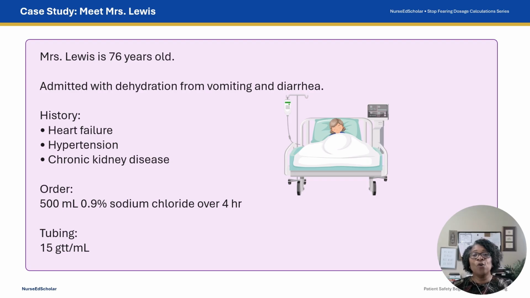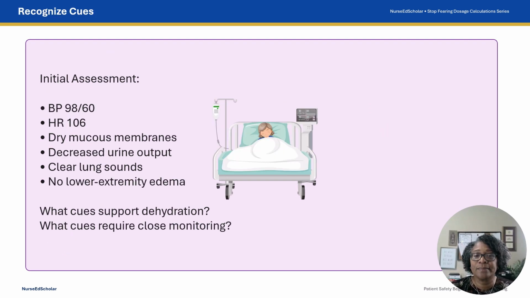The infusion will be administered using your IV pump. Before you start this infusion, you should assess your patient. When you came in that morning, you should have assessed your patient. And before you provide any kind of infusion, especially to an elderly patient like this, you want to inspect and assess your patient.